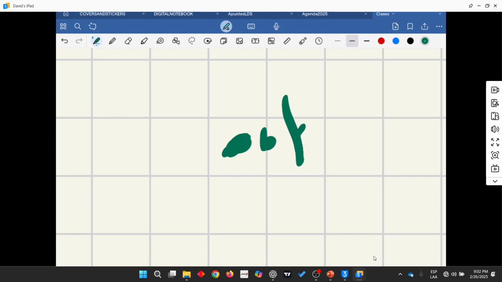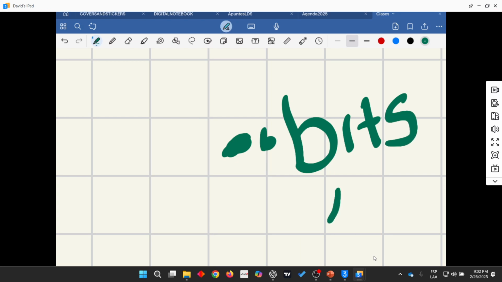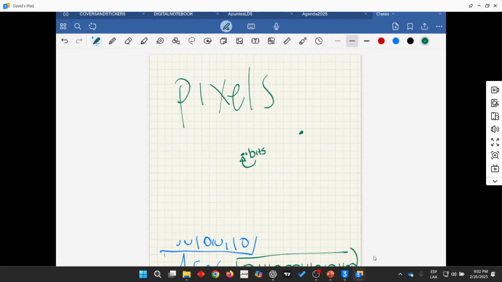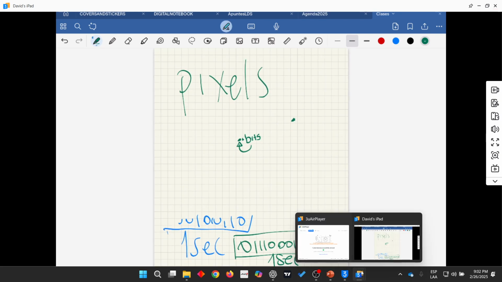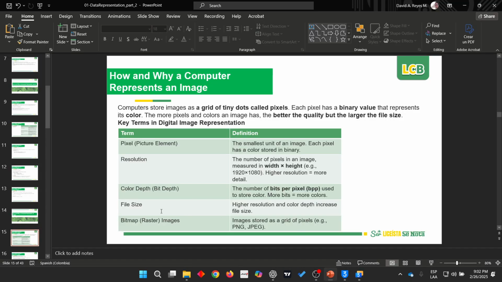How many bits do we have in this pixel? That is color depth. And the file size: with a higher resolution and a higher color depth, the file size is going to be bigger.